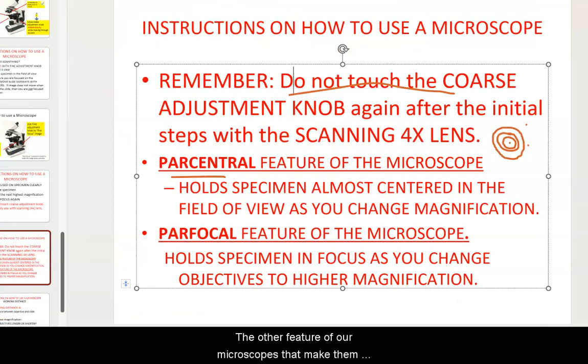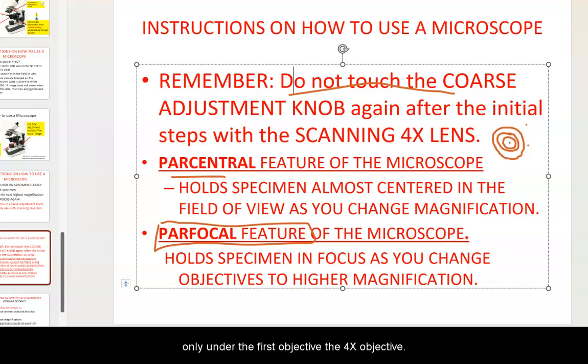The other feature of our microscopes that make them very expensive is the parafocal feature. The parafocal feature allows the microscope to retain focus as we switch objectives. That is why we do not have to use the coarse adjustment knob under every objective, only under the first objective, the 4x objective.